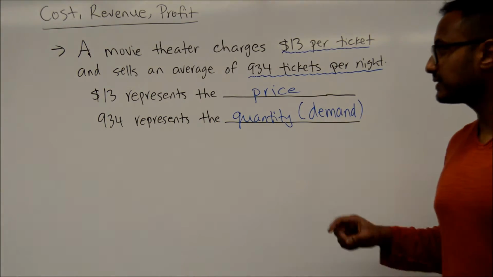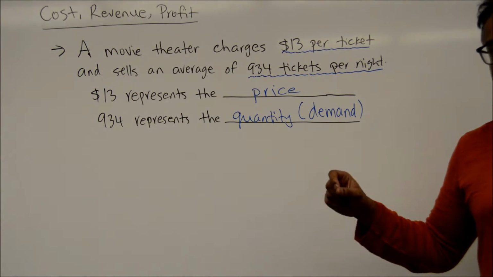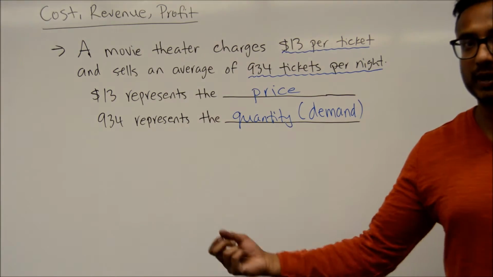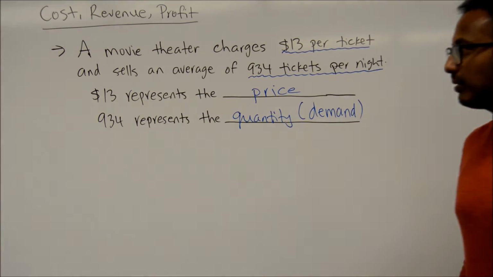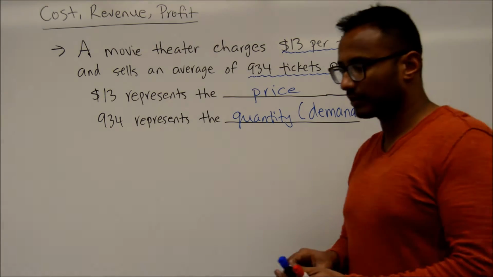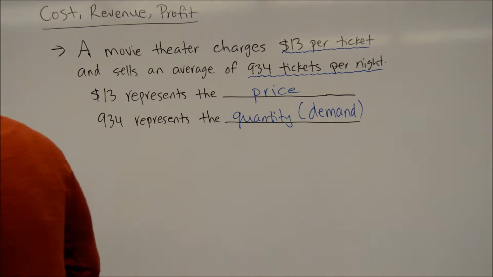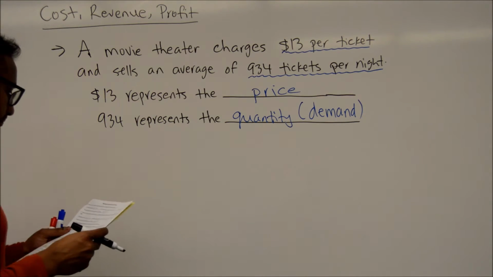So the demand is how many units of a particular commodity consumers are willing to buy. And in this case, the demand is 934 because that's how many tickets on average consumers are purchasing on a nightly basis. So we're going to think of quantity as demand.